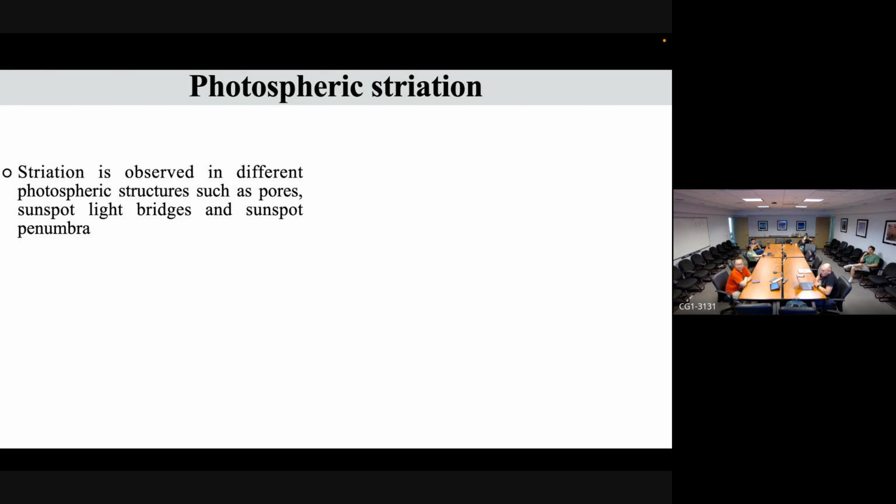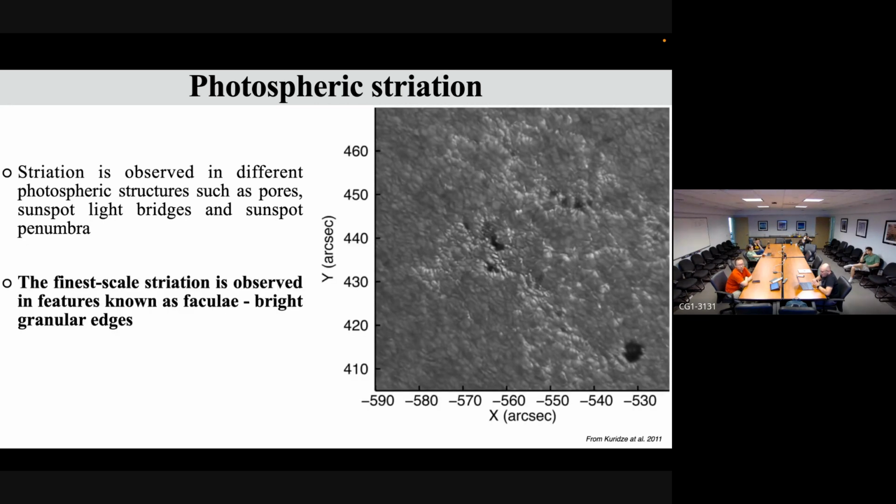Striation in the solar photosphere is observed in many different structures, like pores, the edges of the pores, sunspots, sunspot light bridges, and sunspot penumbra. But the finest scale striation is observed in structures called faculae, which are bright granular edges observed when active region or plages are viewed away from disk center.